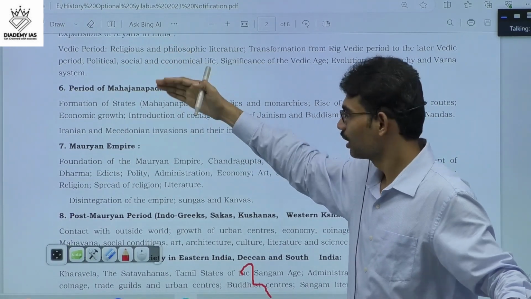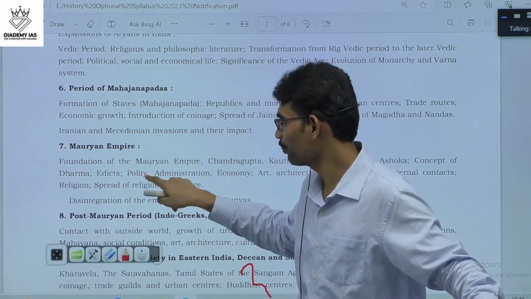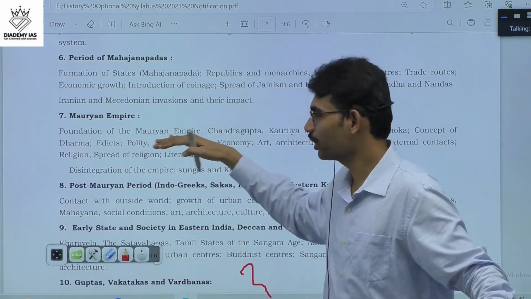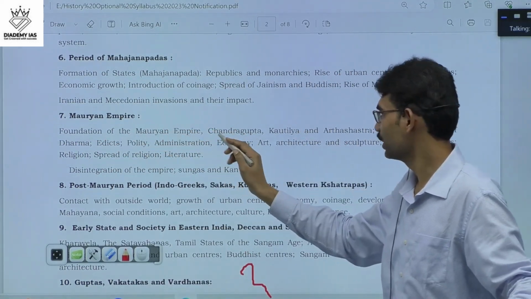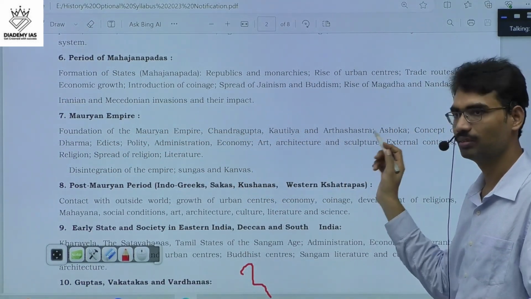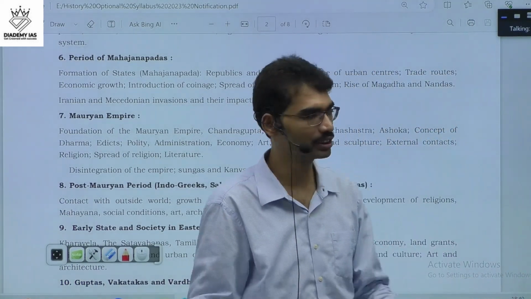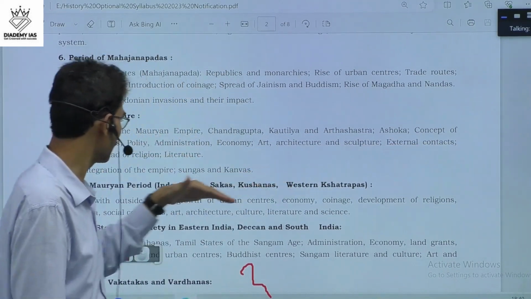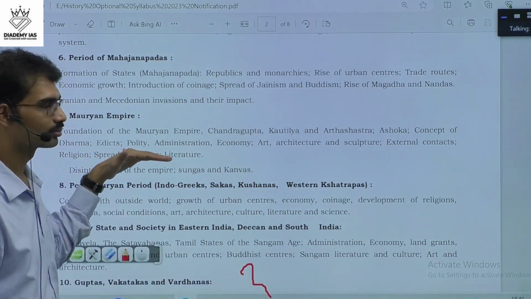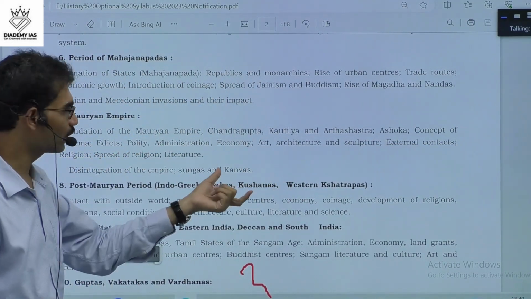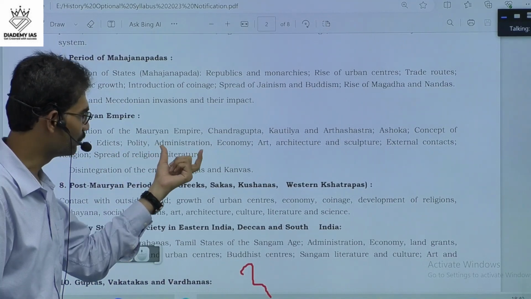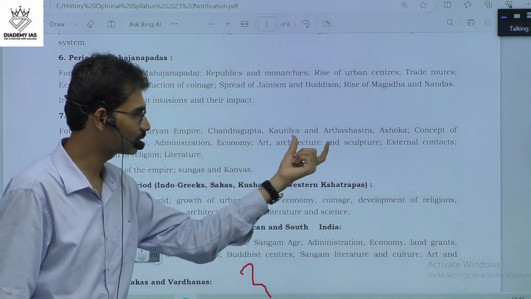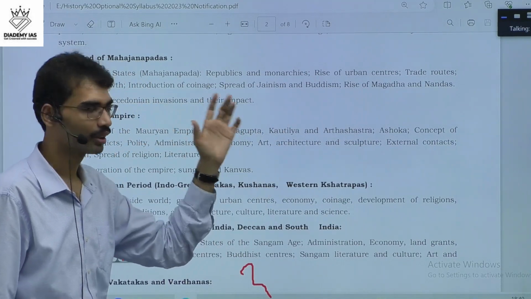Chapter 6 is done. Now come to 7th one, Mauryan Empire. Foundation of the Mauryan Empire, politics. Then Chandragupta, Kautilya, Arthashastra. It is about politico-administration of Mauryan time period. Then Ashoka, concept of dharma, edicts. They are talking about politico-administration, polity, administration, economy, art, architecture, sculpture.